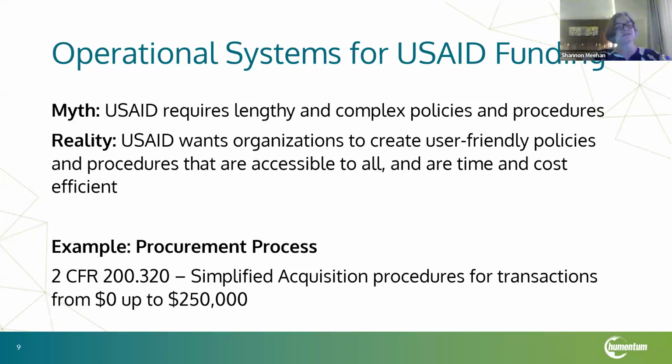So I was talking about simplified procurement procedures. Simplified procurement procedures are from 0 up to 250,000. Formal procurement procedures are above $250,000, and those have to be advertised publicly.